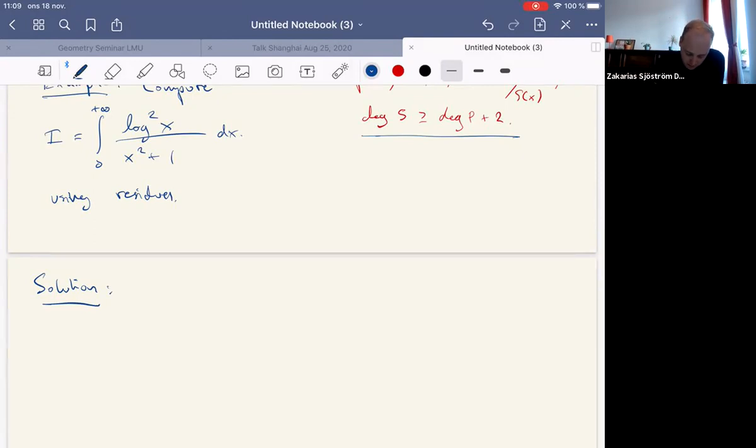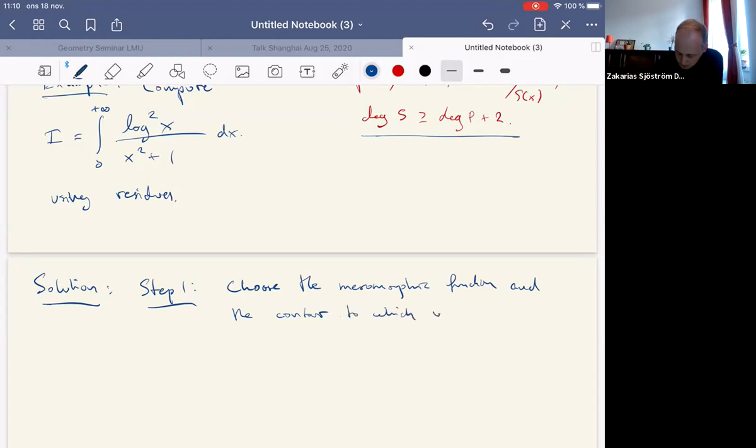So step one is always to choose the meromorphic function and the contour to which we apply the residue theorem.